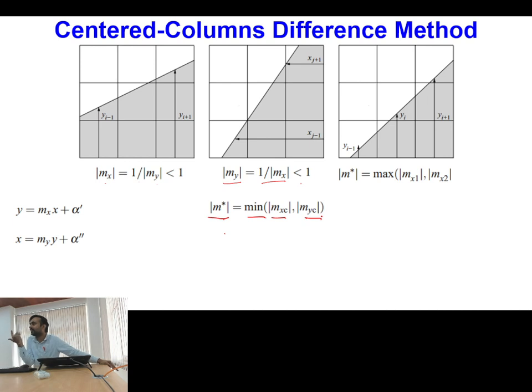Because for constructing the interface, either you need mx or you need my. Okay, only one will be sufficient to reconstruct your interface profile line segment. So the way out is that out of these two values calculated based on the cell-centered approach, just go for the minimum value, and using that particular formulation choose the equation and then construct the interface profile. All are clear with this idea?